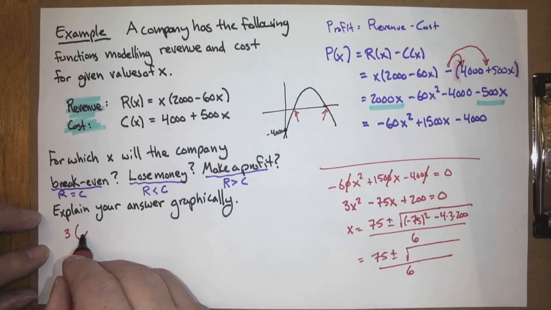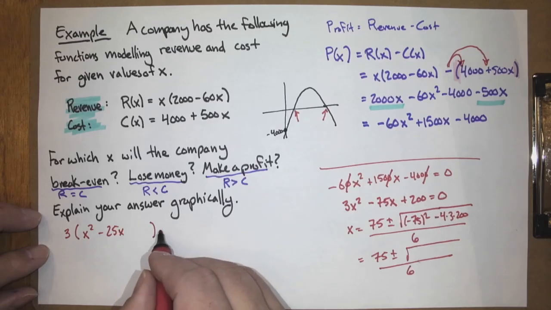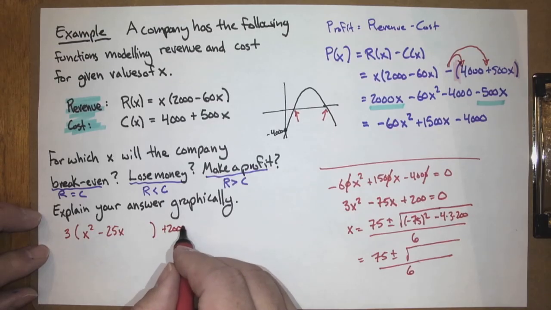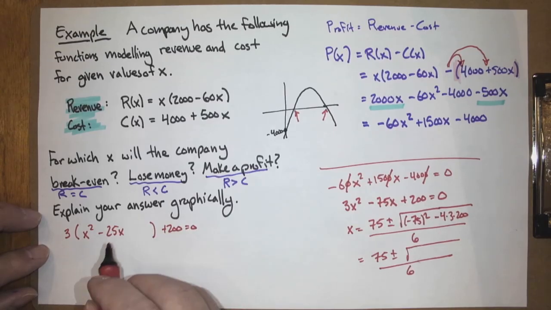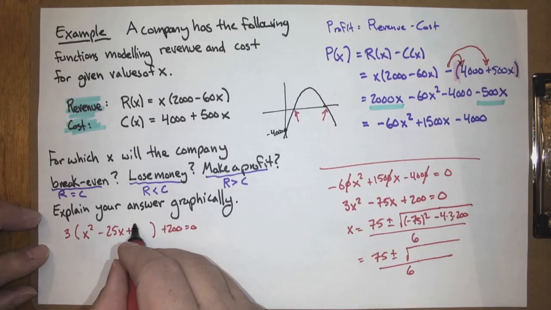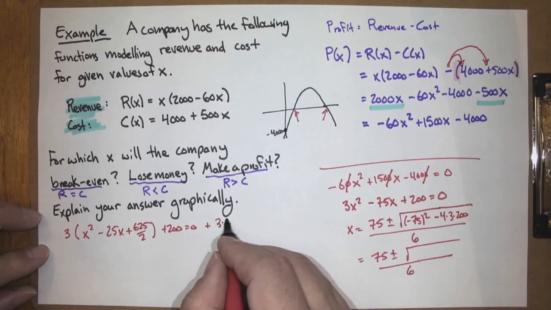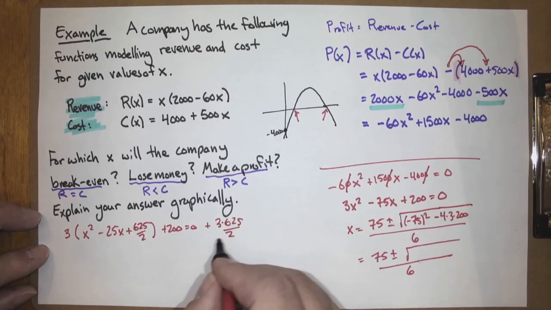Notice if we factor the 3 out, this is me if I don't have a calculator. I can just run through the similar process of completing the square. So I factor the 3 out, and this adds 625 over 2. We'll need to add 3 times 625 over 2 on the other side.